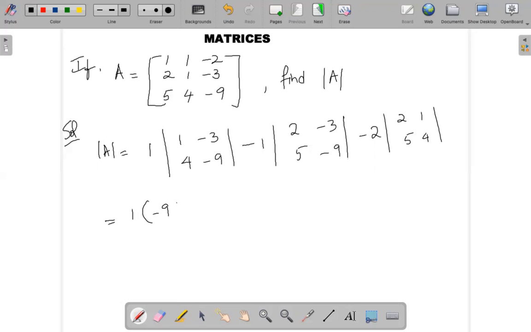So this will be plus 12, minus 1, and this will be minus 18.